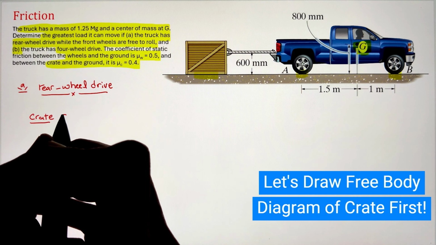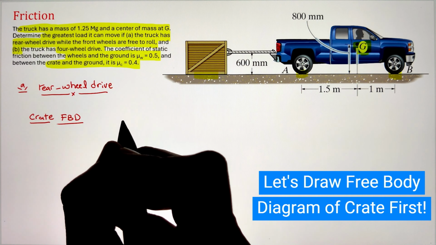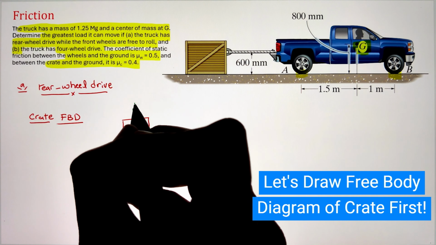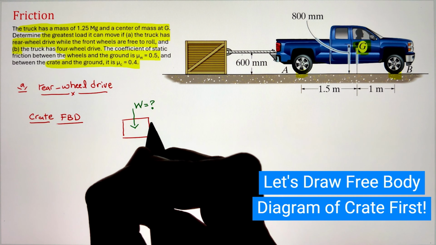To do that, let us develop our free body diagram for the crate first. In this case, the crate has a weight of W, the unknown that we are trying to calculate, whereas the rope will always be in tension.